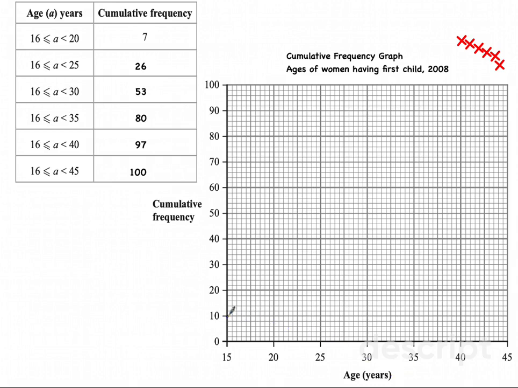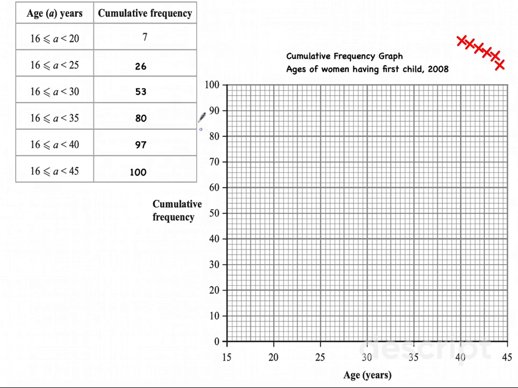Let's take a look at this scale. It goes up in tens, but I notice that 10 is represented by 5 small squares. 10 divided by 5 gives me 2. So each of my small squares on this scale represents 2 in terms of frequency.